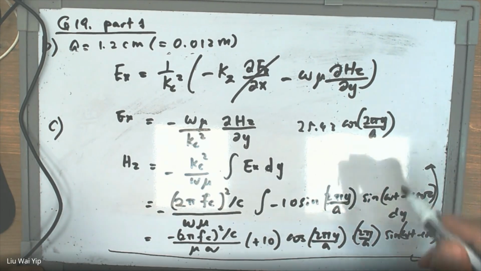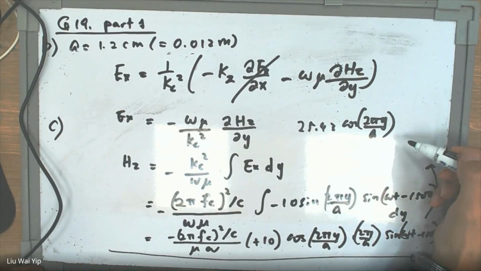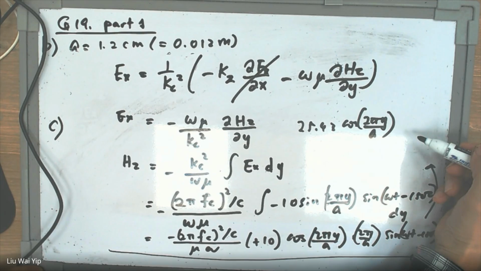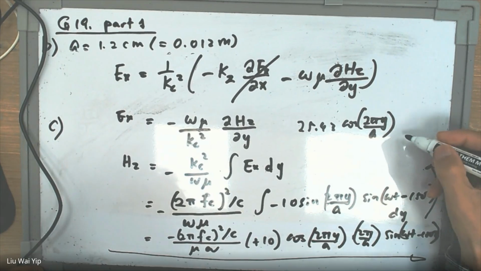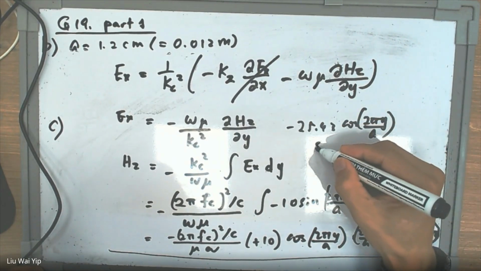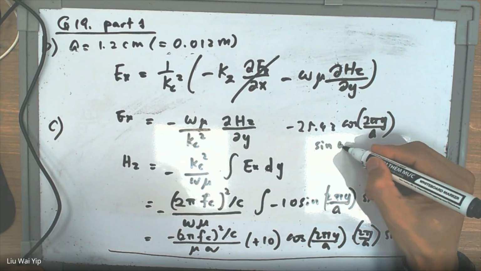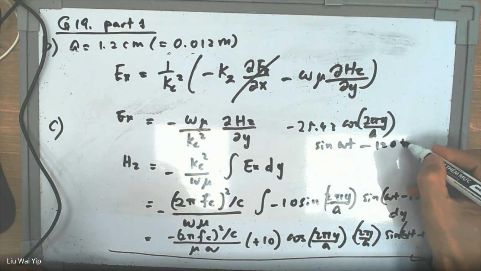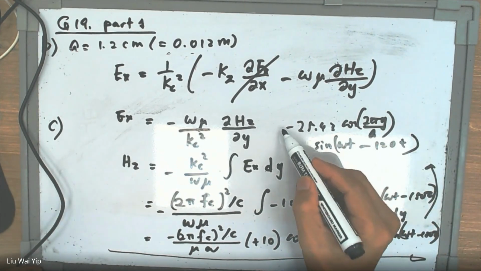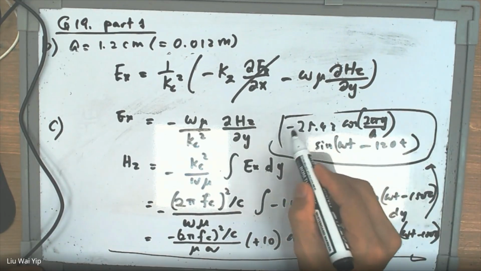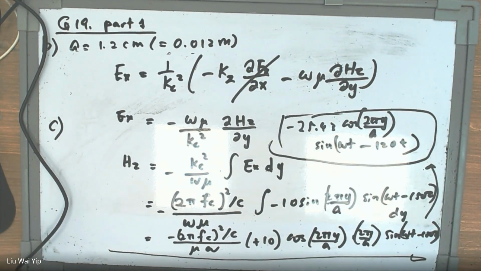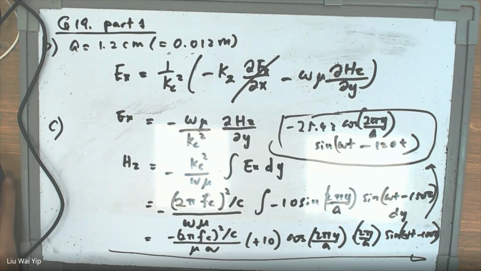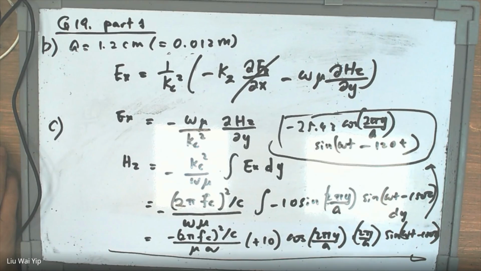I still get sine and add both sides. Oh, this is the reason. So we just need to do this. Omega t minus 1 to 0 t. So this is the version of the answer. Okay, now we are going to switch to the last part, part 2 of the question.